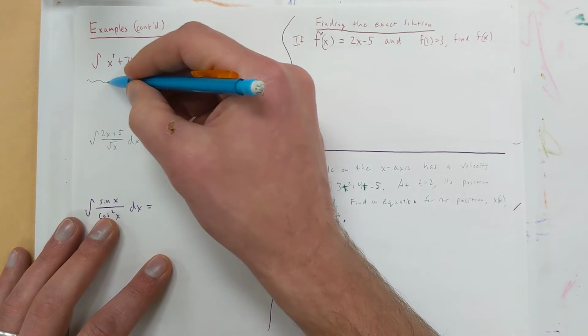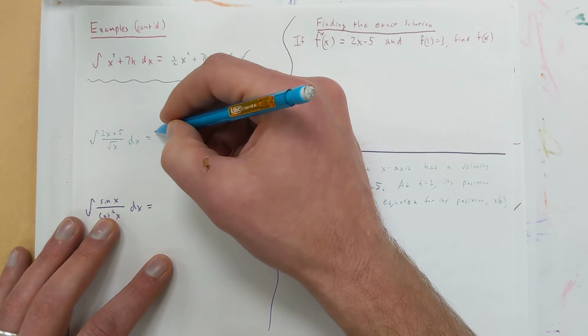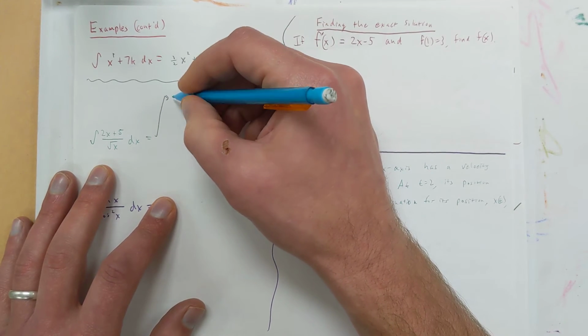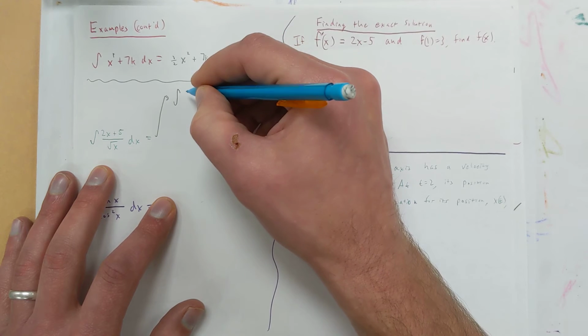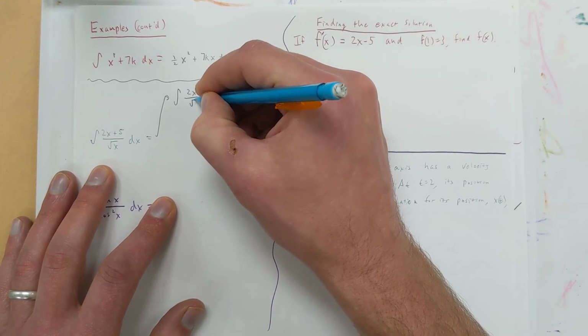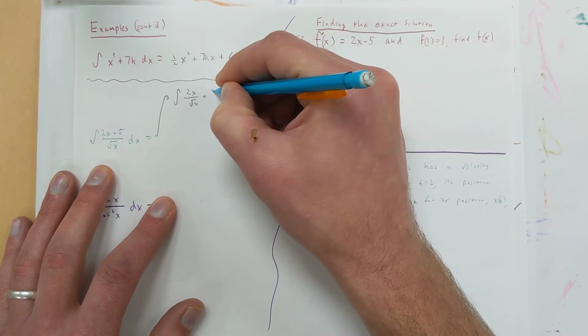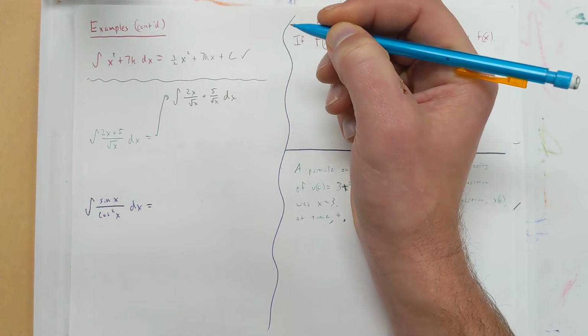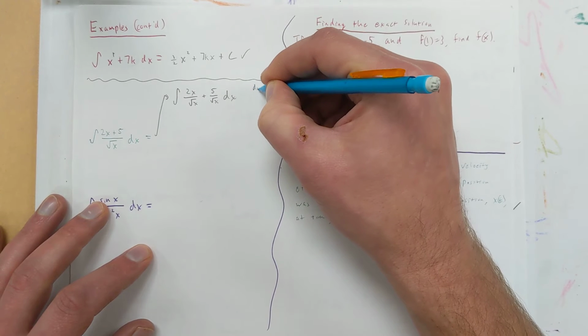So here's what we're going to do for this one. I am actually going to divide and conquer. I'm going to split up the denominator. So it's going to be 2x over the square root of x plus 5 over the square root of x.